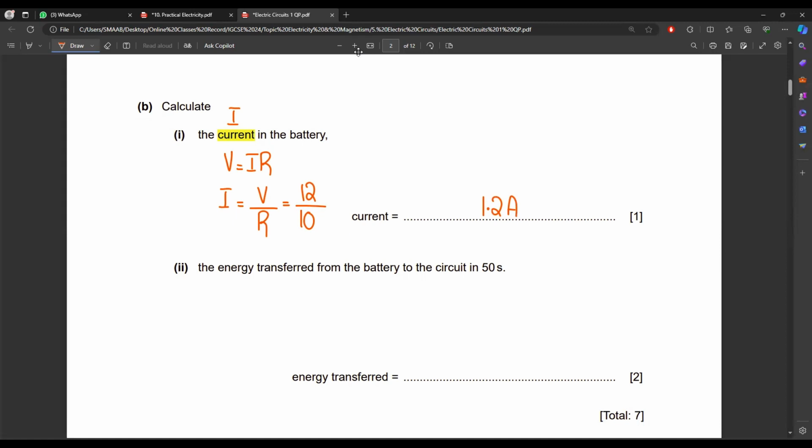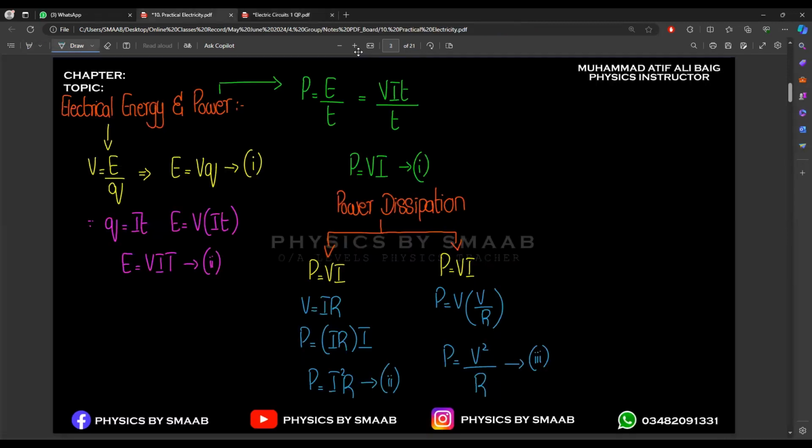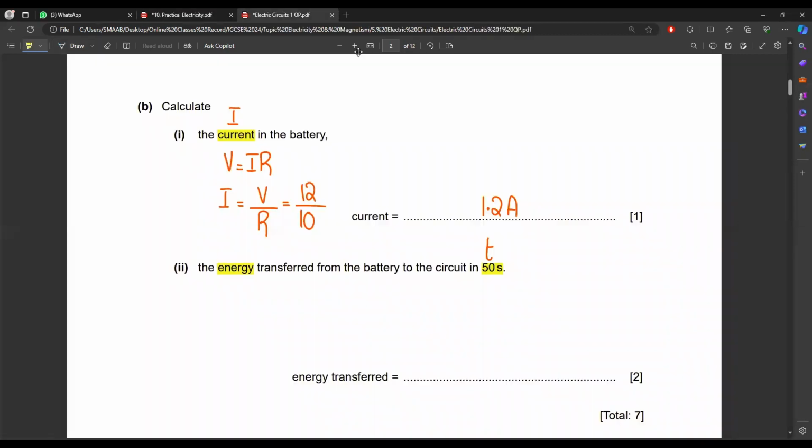And in the second part, the energy transferred from the battery to the circuit in 50 seconds. So time is 50 seconds and you have to calculate the energy transfer, and the formula of energy is E equals VIT. We already know the value of voltage and electric current, and the value of time is given.